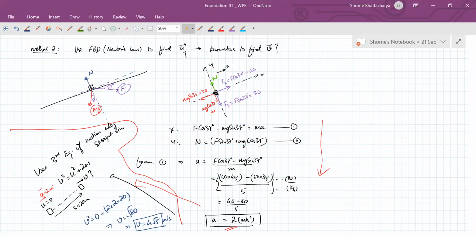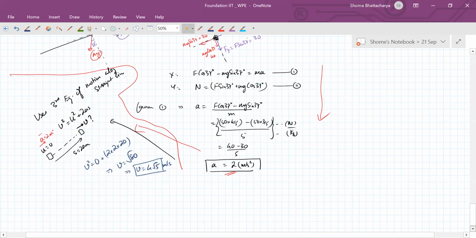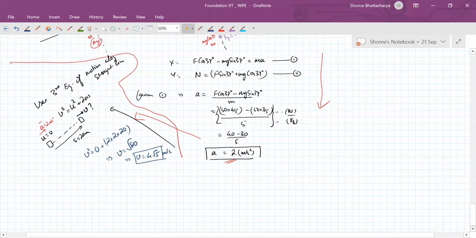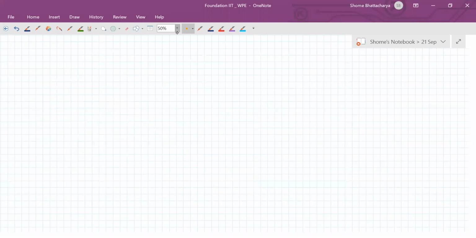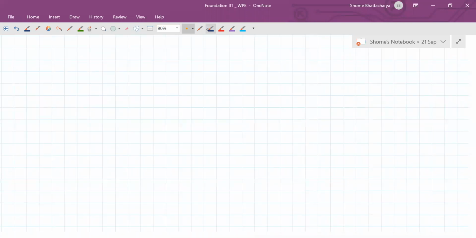This is an example of the application of the concept that net work done by all the forces is change in kinetic energy. Now from this we will move on to the next part of the work energy chapter, where we'll understand the concept of potential energy. From work done, the next thing we'll understand is potential energy.